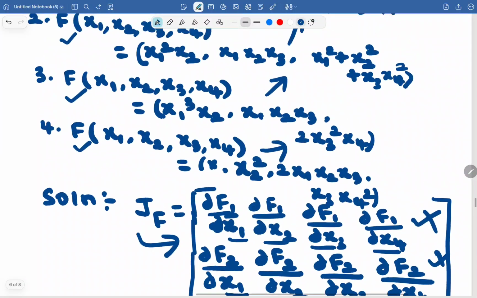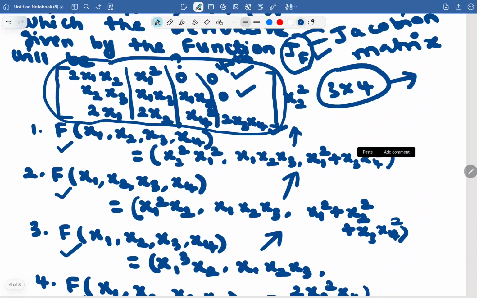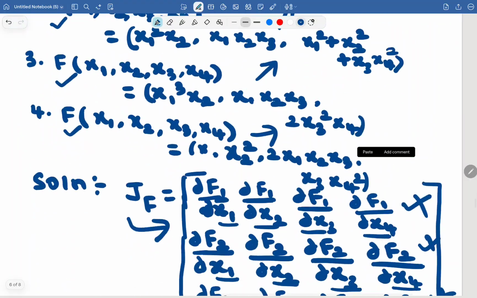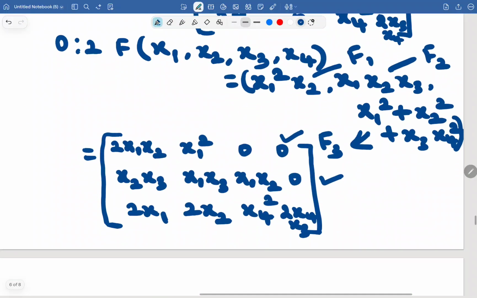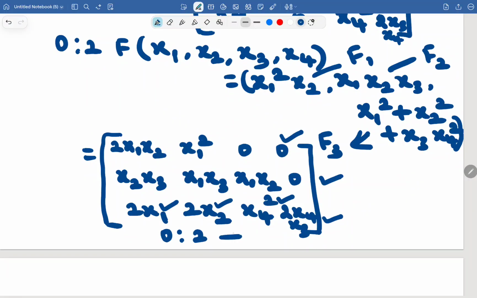Now I am going to check the last row, 2x1 2x2 x4 square 2x3 x4, 2x3 x4 x4 square 2x2 2x1. For this problem, option 2 is the correct option.